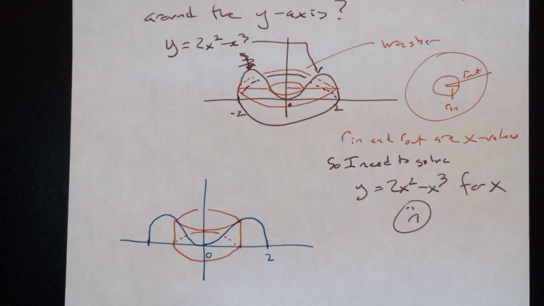It's a cookie cutter. As a matter of fact, I can think of the thickness as the thickness of that little stick. That's our little dx, right? That's the thickness here. That's the width of this line.